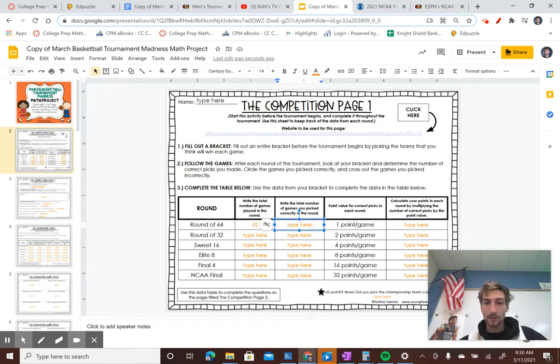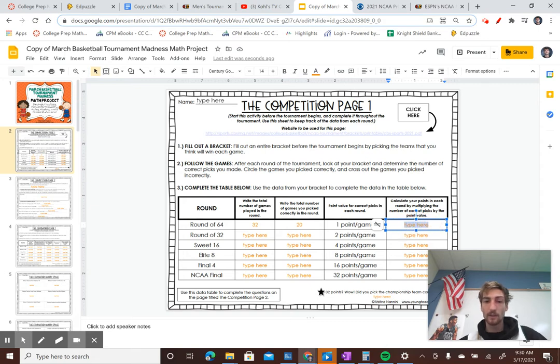And then it says write the total number of games you pick correctly in the round. We don't know this yet, but maybe you pick all 32 correctly, or maybe you only pick about 20. Well, then we're going to calculate how many points in each round you got by multiplying the number of correct picks by the point value.